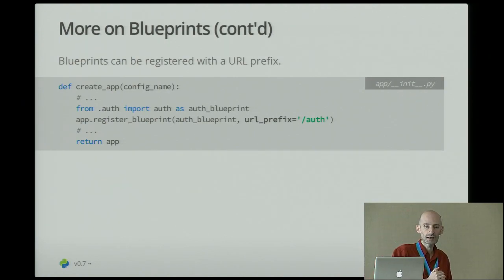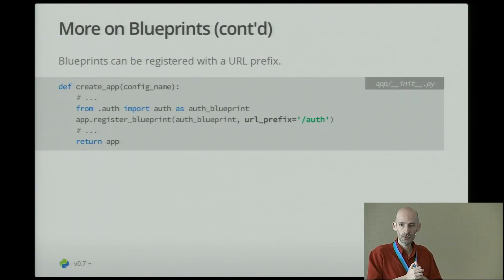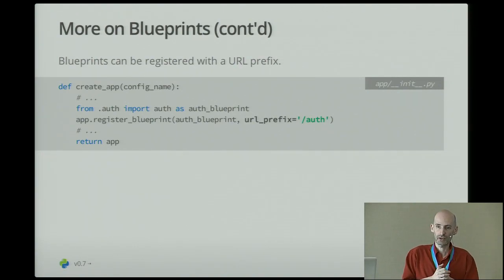And then in my application factory, I need to add a second blueprint registration for this. And again, I'm putting the import inside the function because that's the only place I need it. If you note at the end, there's a URL prefix. When you register a blueprint, one option that you have is to give it a prefix.